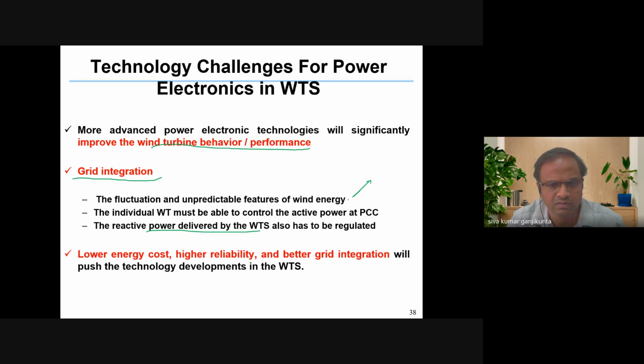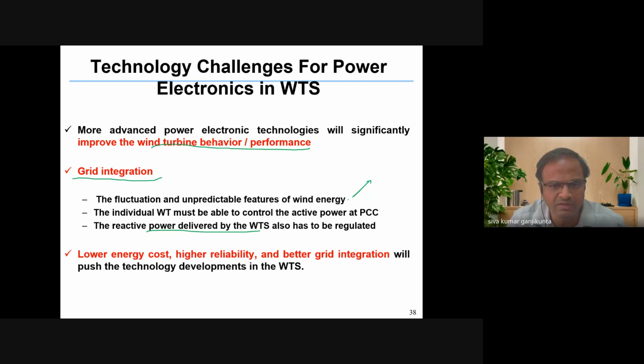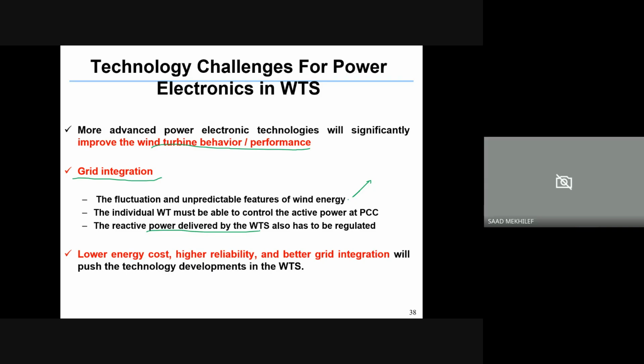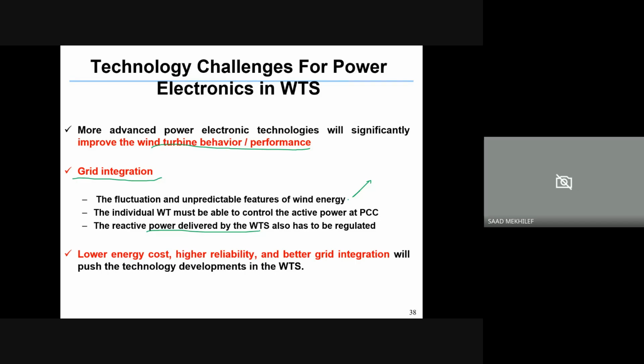Correct. But for this point, I have a doubt that the wind turbine system is going to deliver reactive power to regulate the grid. These are the challenges that need to be addressed. These are not current capabilities, but these are the challenges.